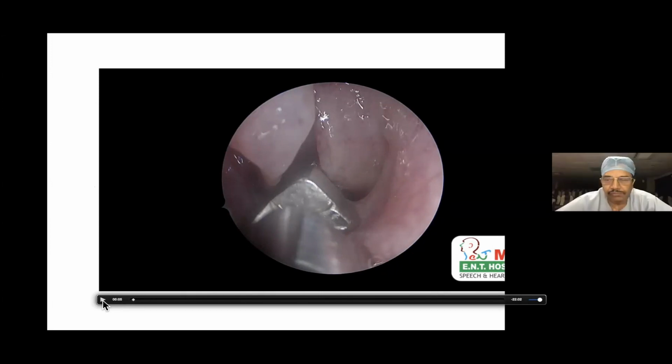What is the material used for packing, and what solution do you use? I use a solution of 4% xylocaine with 1 in 30,000 adrenaline. So how many ampules of adrenaline, if you're using 1 ml ampules? That is 1 in 30,000: 1 ampule of adrenaline in 30 ml of 4% xylocaine, freshly prepared.